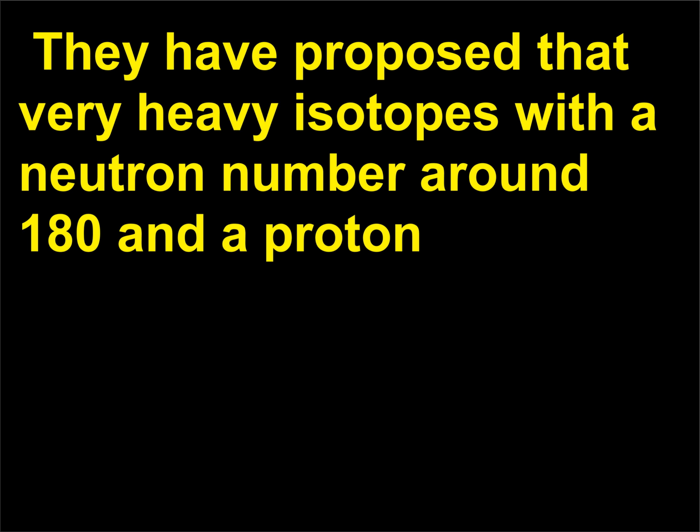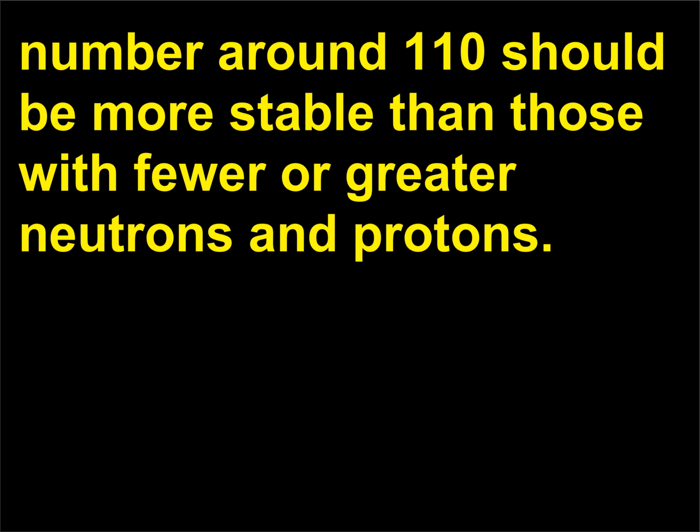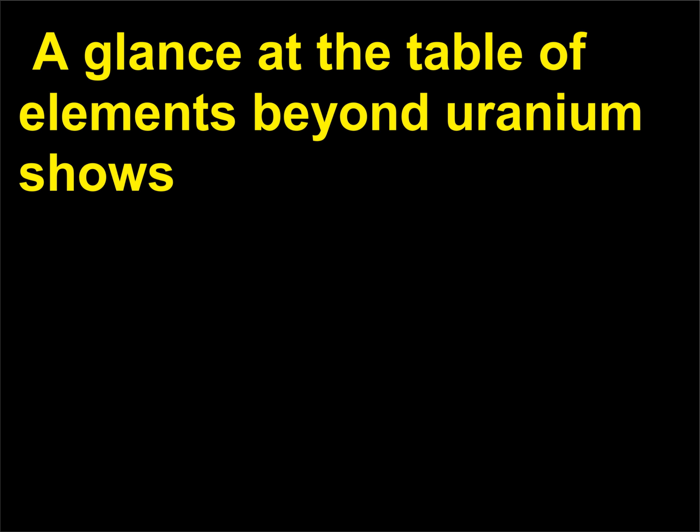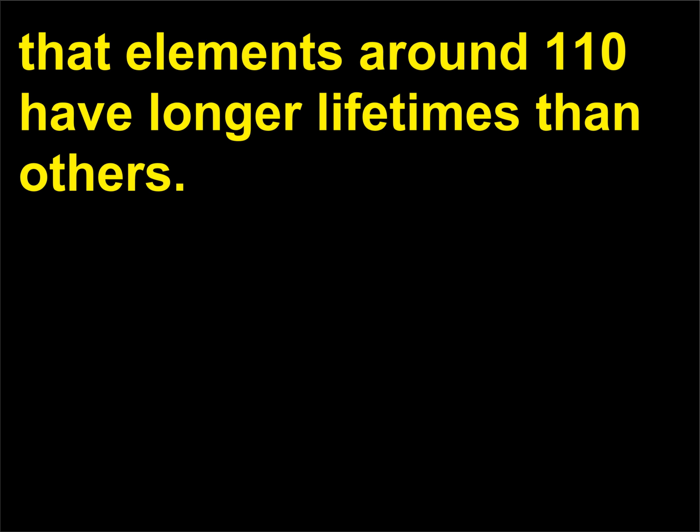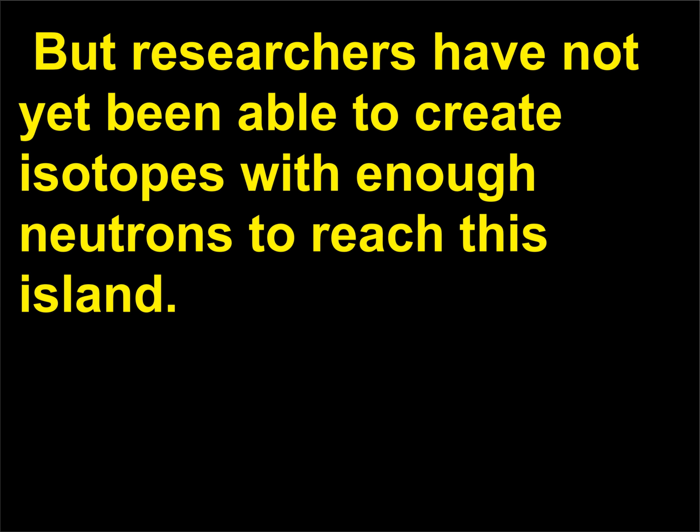They have proposed that very heavy isotopes with a neutron number around 180 and a proton number around 110 should be more stable than those with fewer or greater neutrons and protons. A glance at the table of elements beyond uranium shows that elements around 110 have longer lifetimes than others. But researchers have not yet been able to create isotopes with enough neutrons to reach this island.